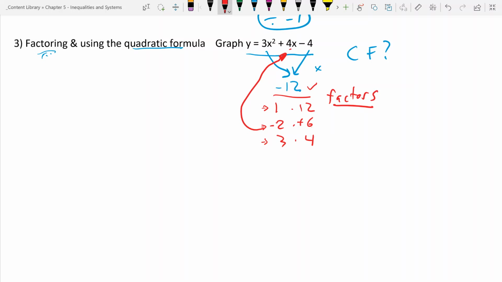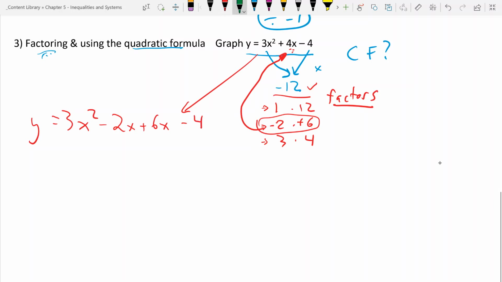Now we rewrite this equation, y equals 3x squared, and instead of writing the 4x, I'm going to write it as minus 2x plus 6x, and then the minus 4 at the end. Basically this is the same as 4x, we just wrote it a little differently. The reason we did that is so we can factor by grouping.